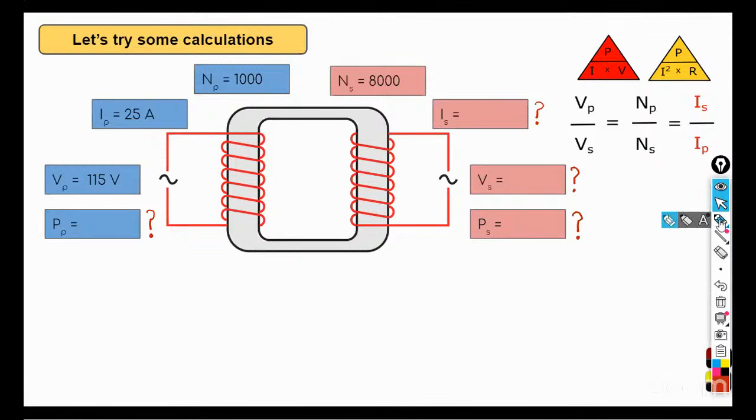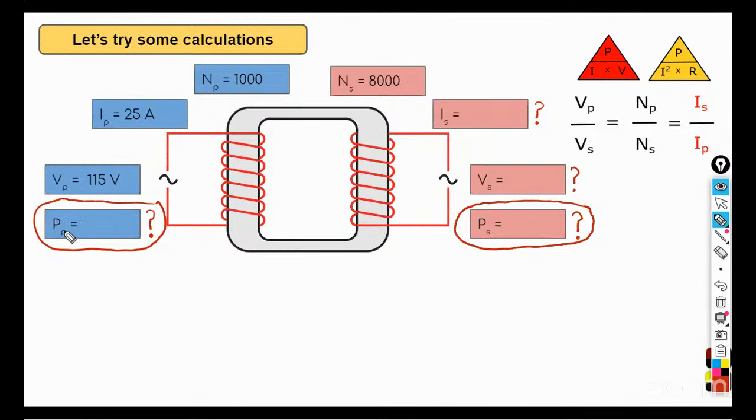That means when you calculate the power on the primary side and the power on the secondary side, the power, not current and not voltage, power is supposed to be the same on both sides.